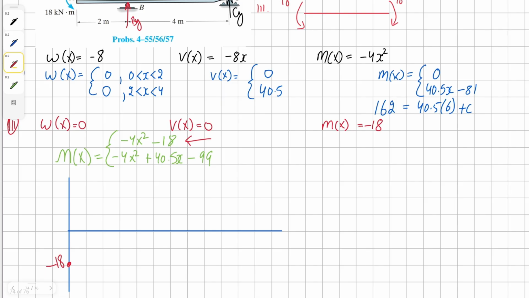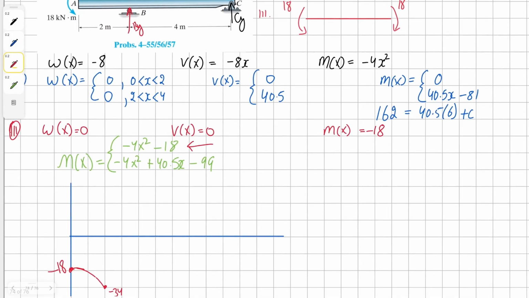And then we're going to plug 2 into our region 1 equation, and we get our value to be negative 34. The curve is going to concave downwards. Now that we have our region 1 done, we can start doing our region 2.